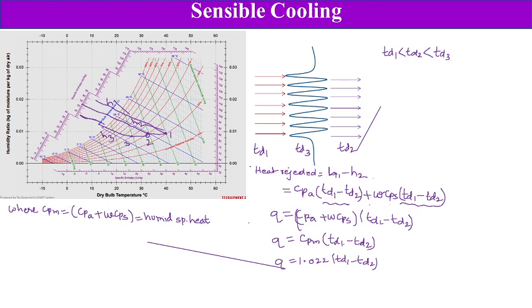Humid specific heat, and value of which is 1.022 kilojoules per kg Kelvin.